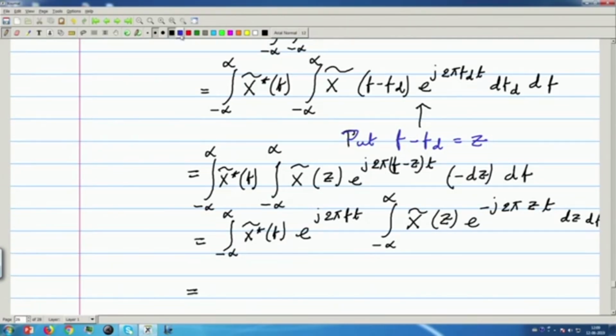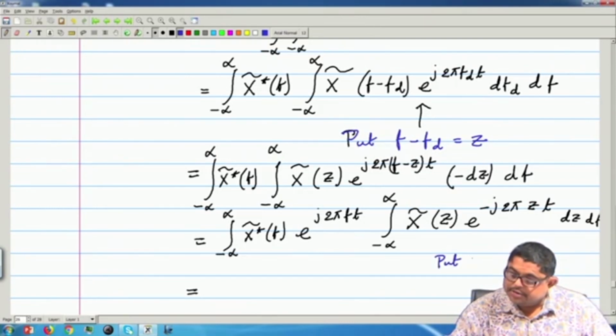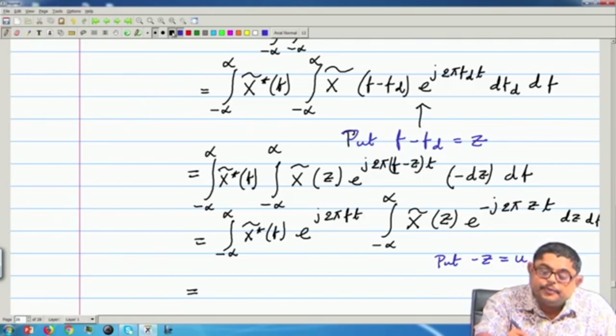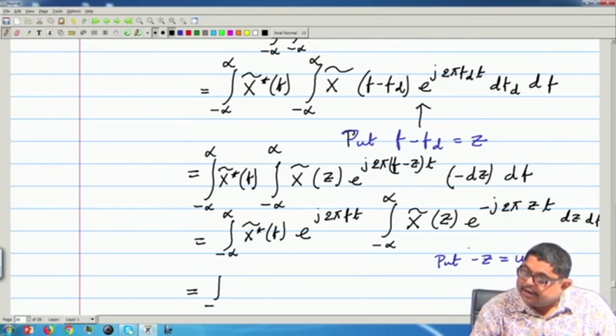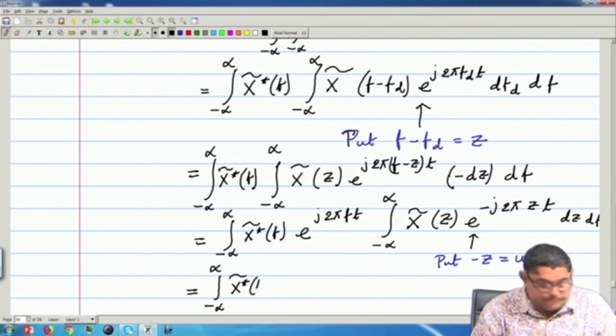Then again you can have a substitution here, because it is a frequency domain term. One more substitution is required: put minus z equal to u, and so you will get it again in this one only. Do not do it here unnecessarily, that won't help anything.